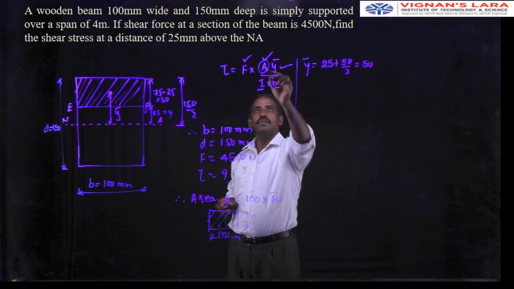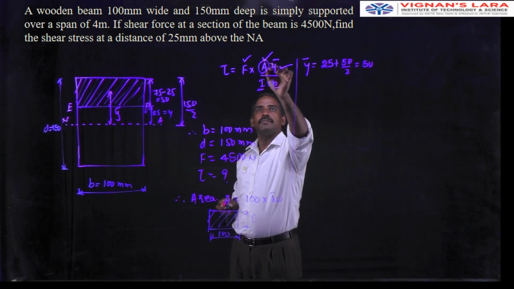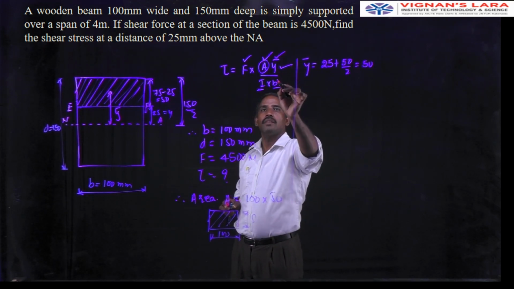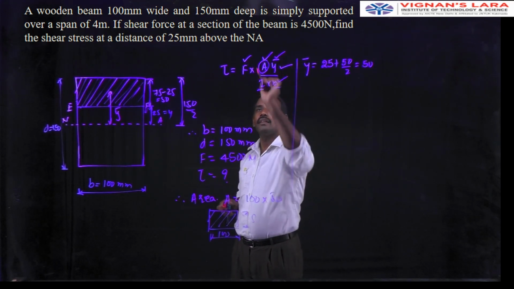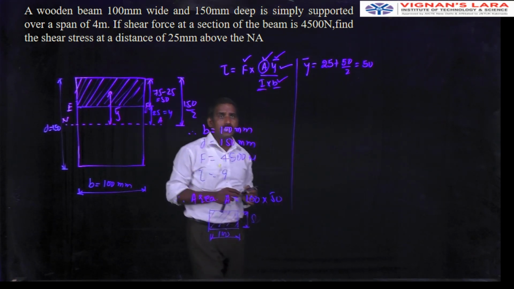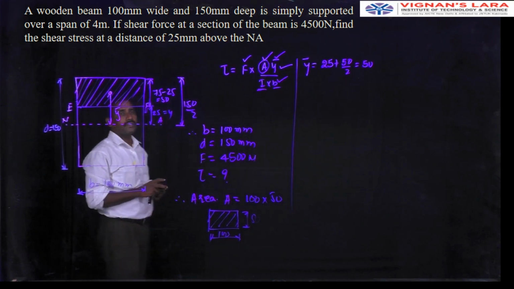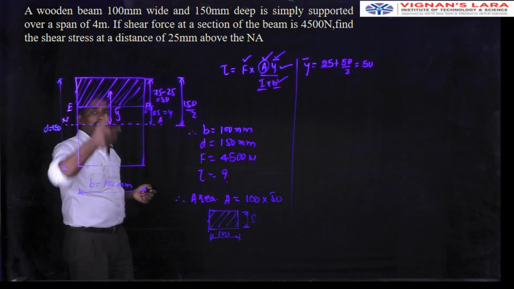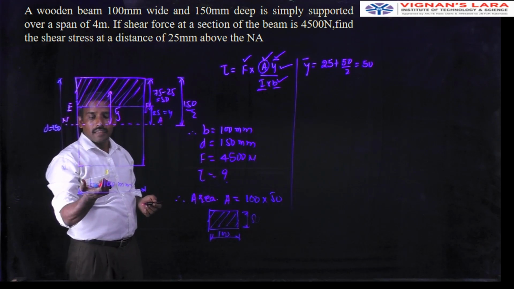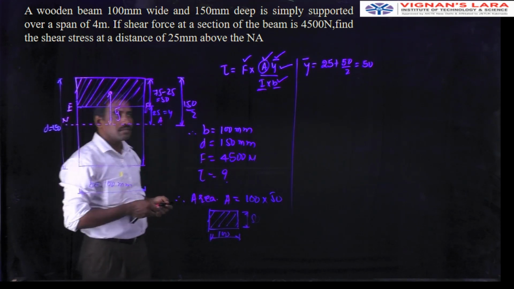It means we know the capital A, we know the y bar, we know the B and F also. The remaining value is I, where I is the moment of inertia of the cross section as shown in figure. Here the cross section of the beam is B equal to 100, D equal to 150.